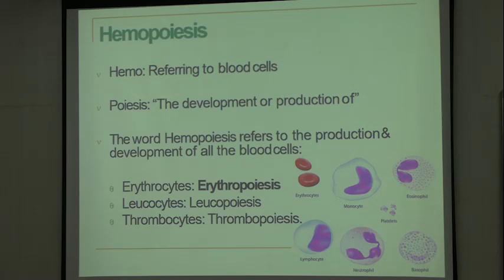And everybody, listen carefully. While we go through the process of erythropoiesis, you have to observe minutely what is happening: what is happening to their size, from which it is developed and ultimately what is produced.